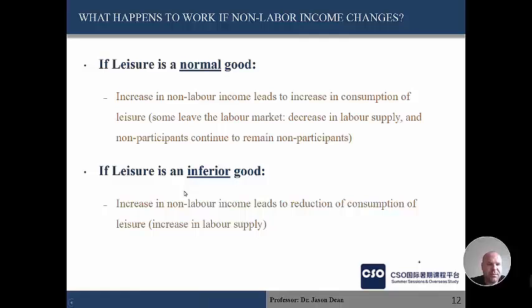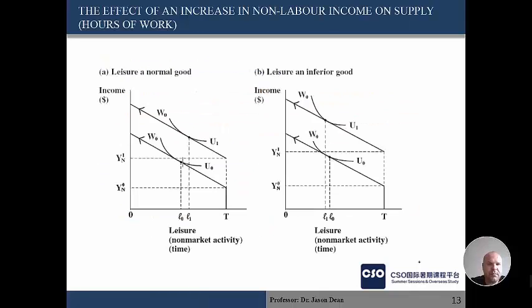And then the opposite would be true if leisure was an inferior good. If our incomes increased, we would want less of it. Let's look at an illustration. So for example, if we had a budget constraint that looked like this, our wage is W0. In this diagram, our wage is W0 as well.